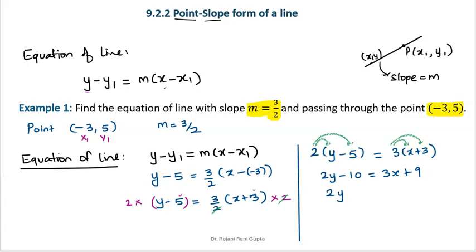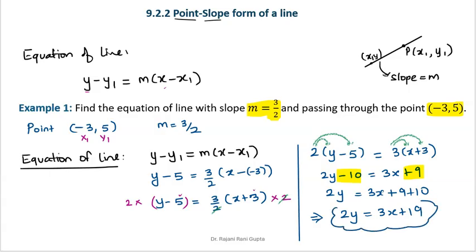Let's say 2y, but the main thing is collecting both the numbers together on one side. So this is equal to 3x plus 9 plus 10. You get your equation of line as 2y equals 3x plus 19. So this is your equation of line.